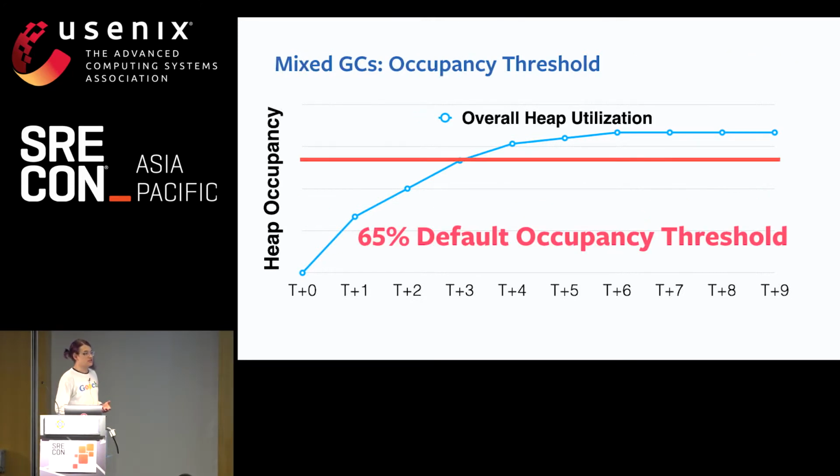And with mixed GCs, we only even start looking at cleaning up the tenured heap after the default occupation threshold. What is the default occupation threshold? It's 65%. So if you're only using 50% of the usable heap, G1 will never purge a tenured object.